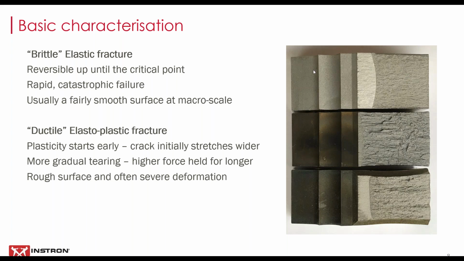And you can see in my photograph on the right hand side, that would be the top specimen there. And you can see a fairly smooth surface, fairly clean break, and when you're loading a structure like that, it's all fine, and it's all nice and reversible. Everything's elastic, and up to a certain point, you can unload it, and everything will be, relatively speaking, fine.